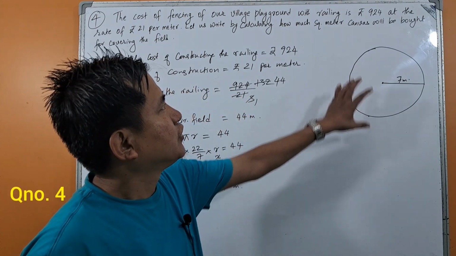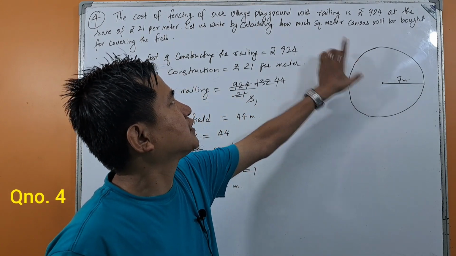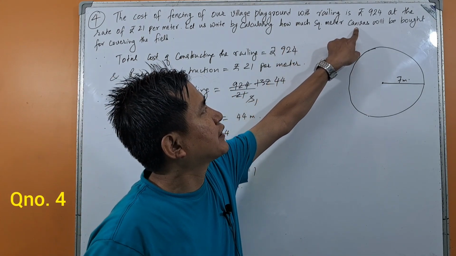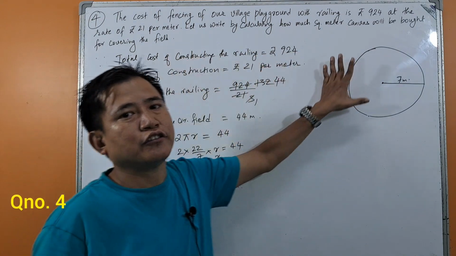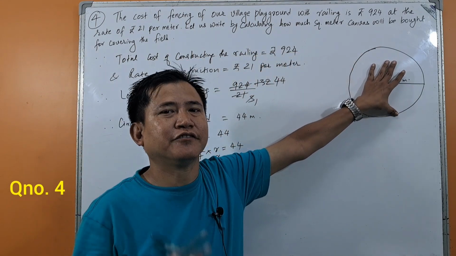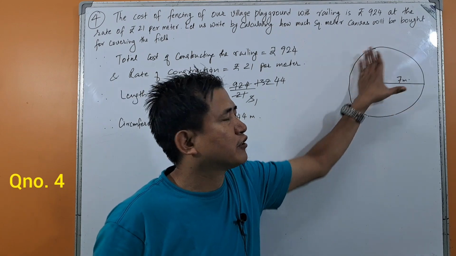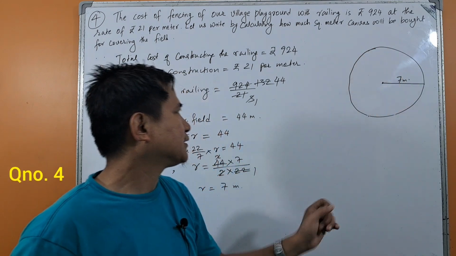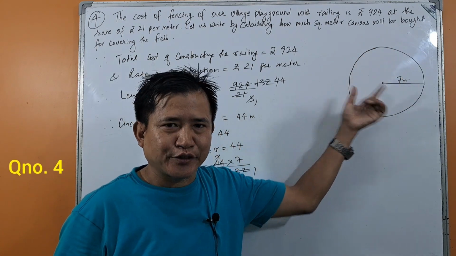Now the question is asking how many square meters of canvas will be required to cover this circular field. That means what is the area of the circular field?